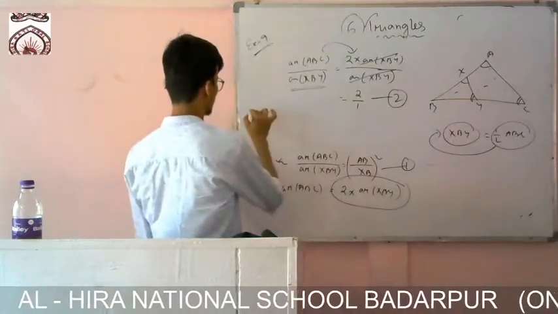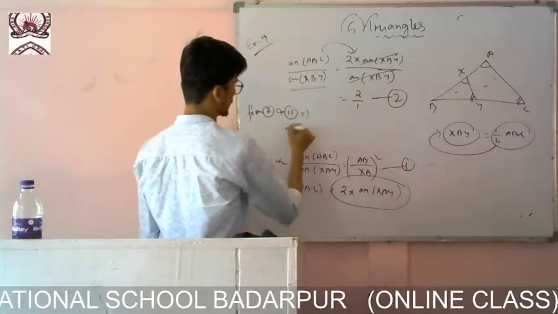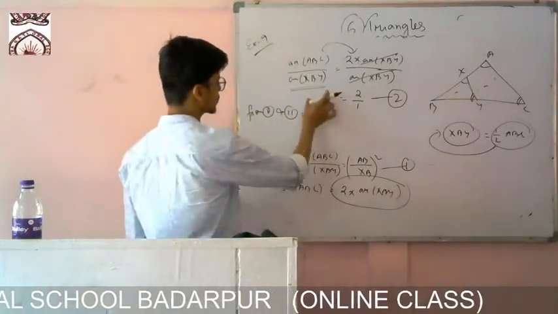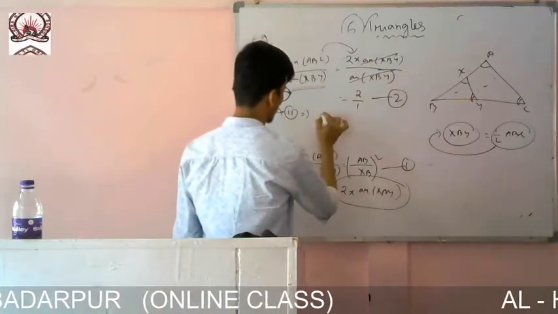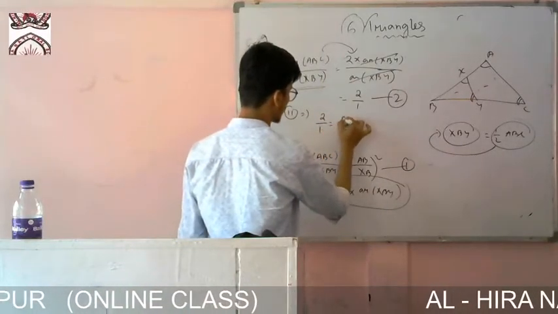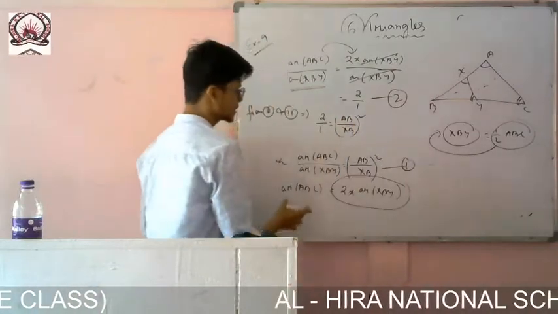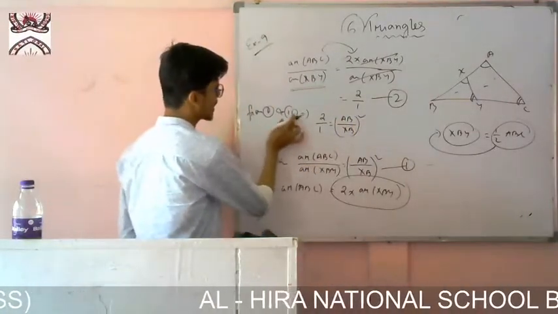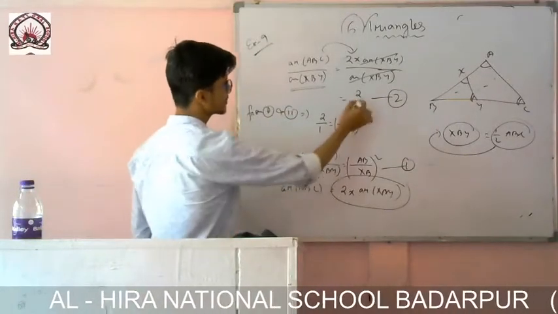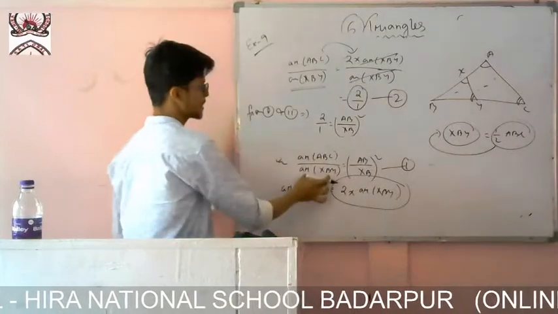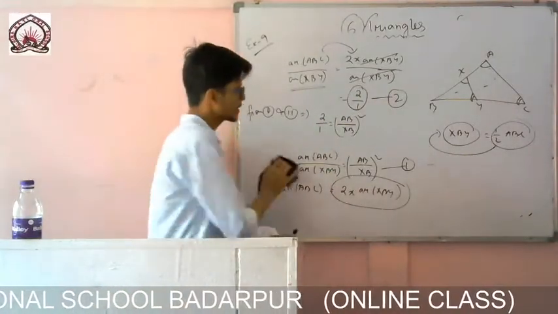So from 1 and 2, the ratio came 2 by 1, so 2 by 1 equals AB square by XB square.